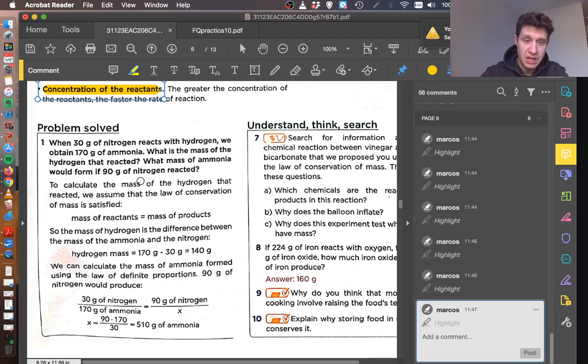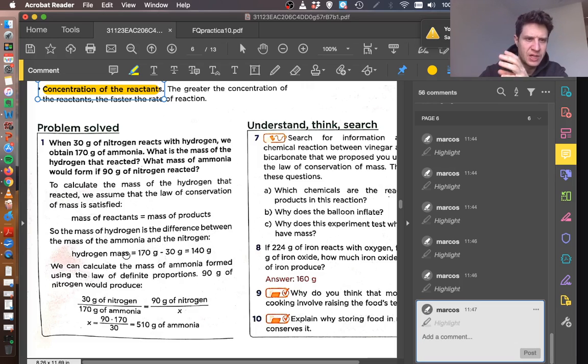To calculate the mass of the hydrogen that reacted, we assume that the law of conservation of mass is satisfied. So the mass of the reactants is the same as the mass of the products. So the mass of the hydrogen is the difference between the mass of ammonia and the nitrogen.